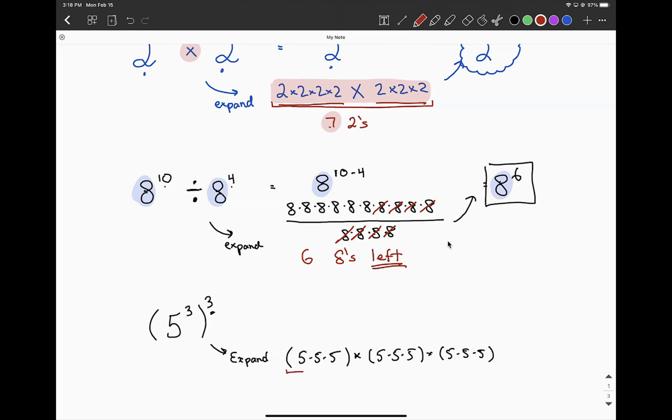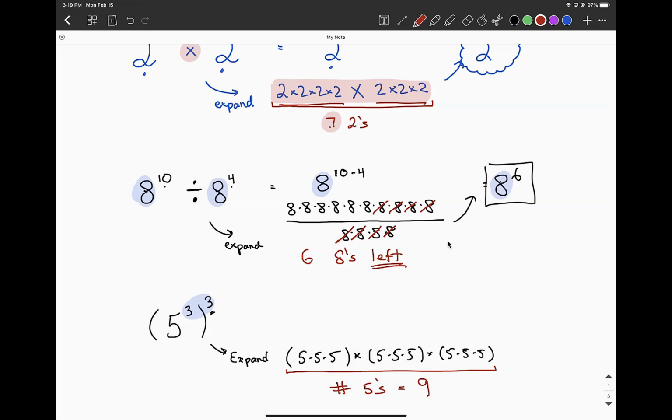You can see it. How many 5s are there? I see 9 5s when 3 is taken to that third power.